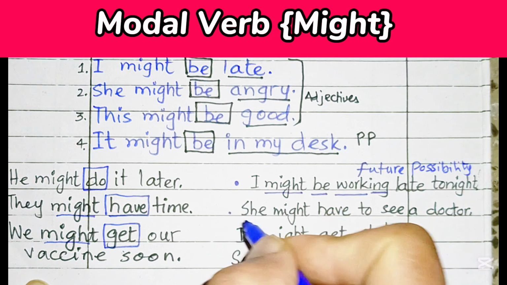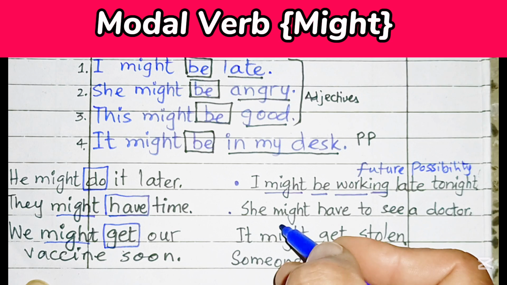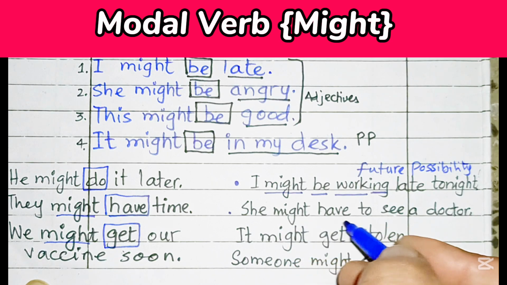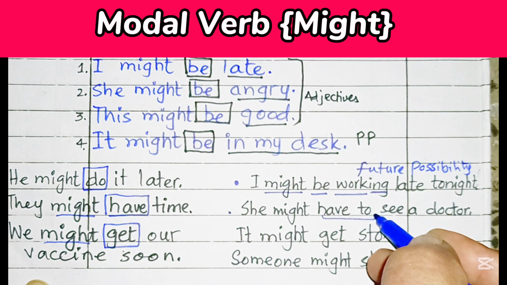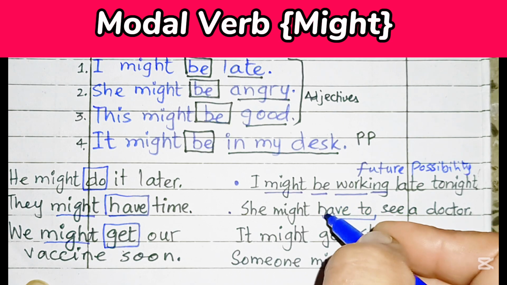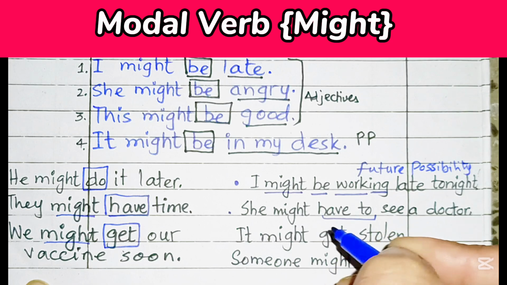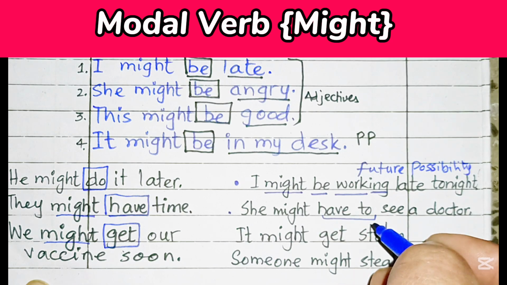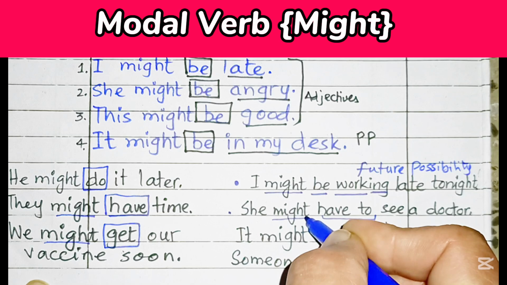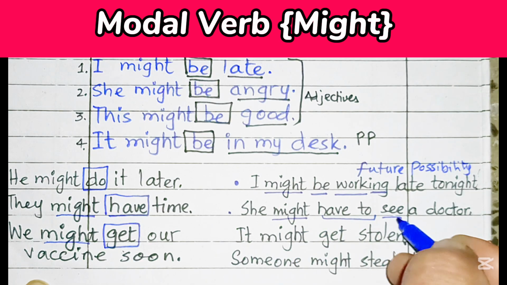In this sentence, she might have to see a doctor. The verb phrase have to is a phrase that consists of a verb, that's why we call it a verb phrase. The verb phrase have to comes after the modal verb might, and then the main verb is see.